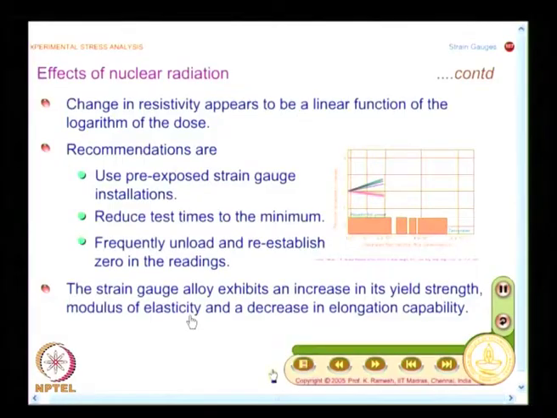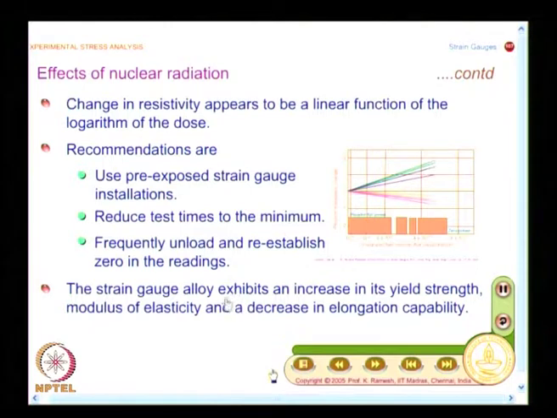But what you find here is that when you go for nuclear exposure, the modulus of elasticity also changes. So, when I am going to have stress calculations, I need to use the appropriate modulus. You cannot directly transfer strain values into stresses.